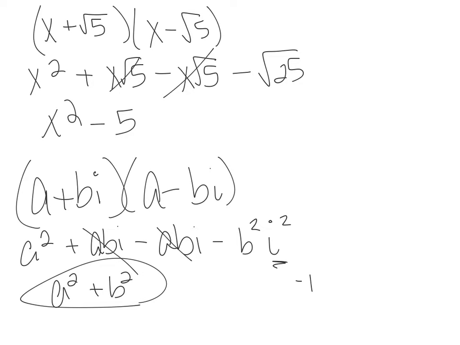So the same holds true for complex numbers. There are conjugate pairs, and the product of a complex number and its conjugate pair is a real number. Okay, we have two complex numbers and they are conjugate pairs. Our product of those two are real numbers.